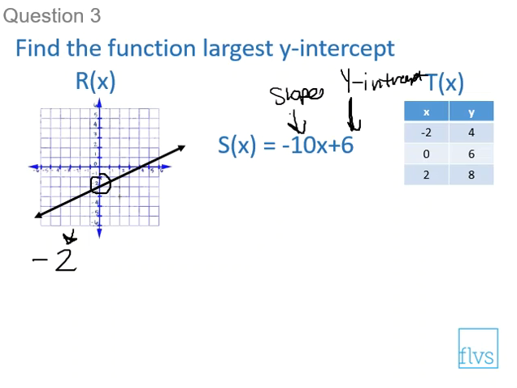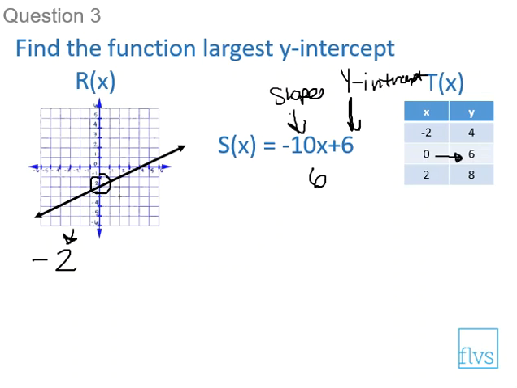Now, for this one, there's a way to look, which would be 6, and you would recognize right away that the y-intercept is going to be 6 because that's at 0.